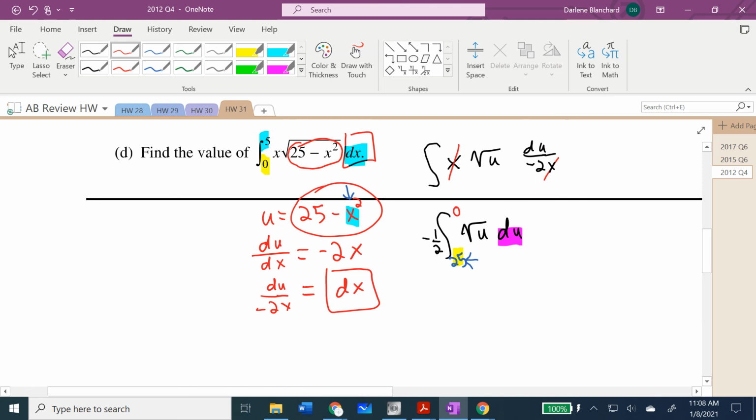Now it looks like it's backward, but you can change the sign of negative 1/2 to positive 1/2 and swap the order if it bothers you. But know that this is set up to work if you use the rule of the lower limit stays as the lower limit, the upper limit stays as the upper limit.